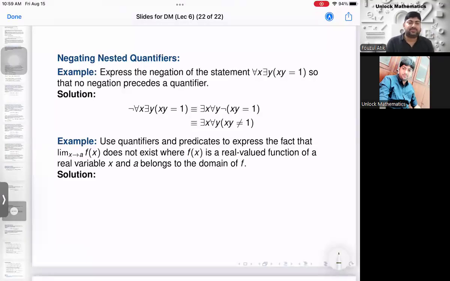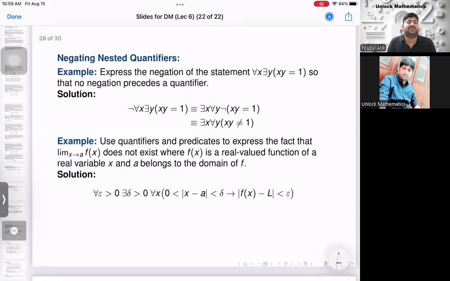We have already expressed the limit exist expression a few minutes back. For every epsilon greater than 0, there exists a delta greater than 0, for all x, if 0 is less than mod x minus a less than delta, then it implies that mod f(x) minus L is less than epsilon. We have already discussed this in the previous slides.